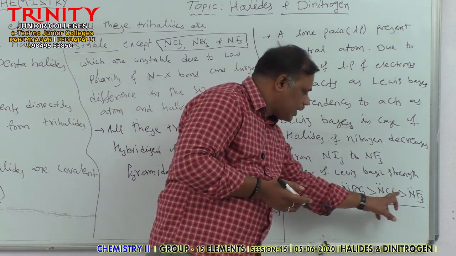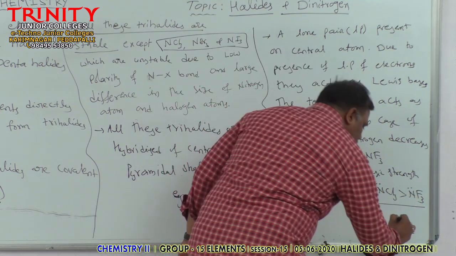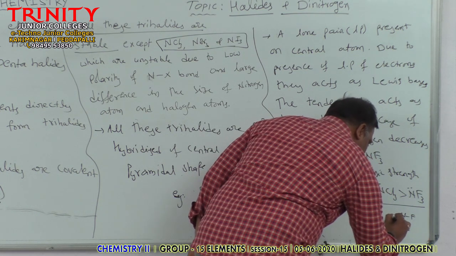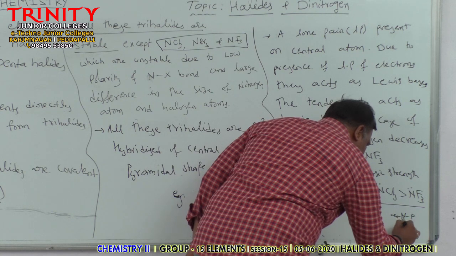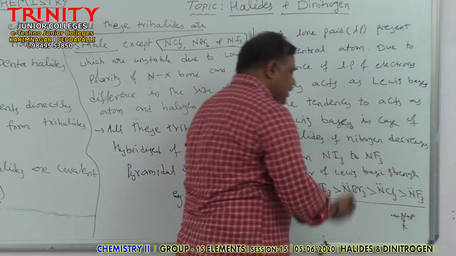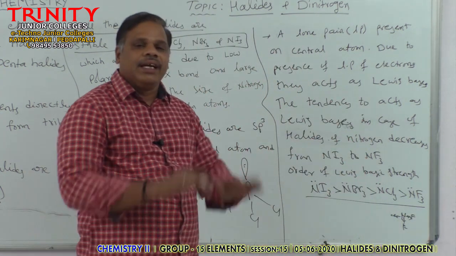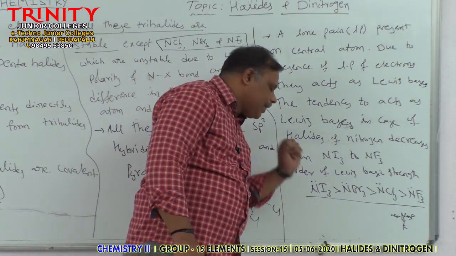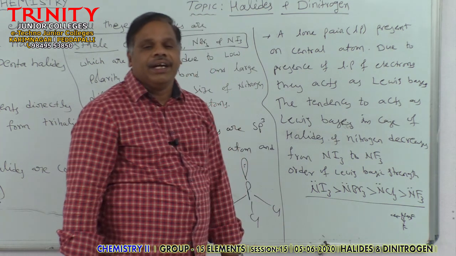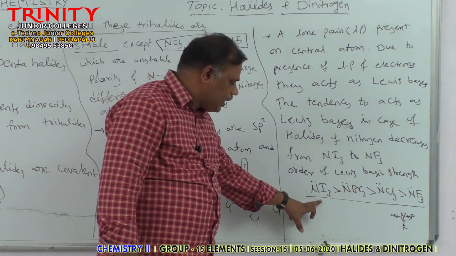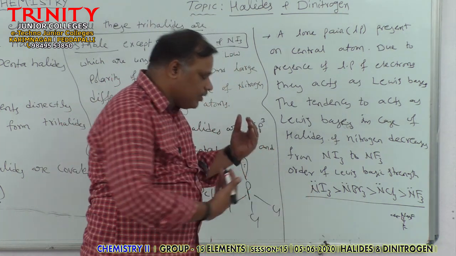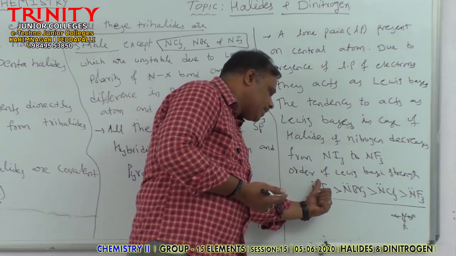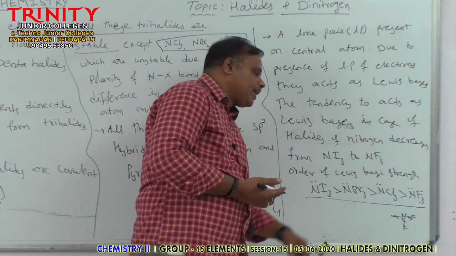Fluorine has more electronegativity, so it withdraws electrons towards itself, and nitrogen's electron density decreases. From fluorine to iodine electronegativity decreases. Iodine, with low electronegativity, does not withdraw electrons strongly, hence electron density is more on nitrogen.